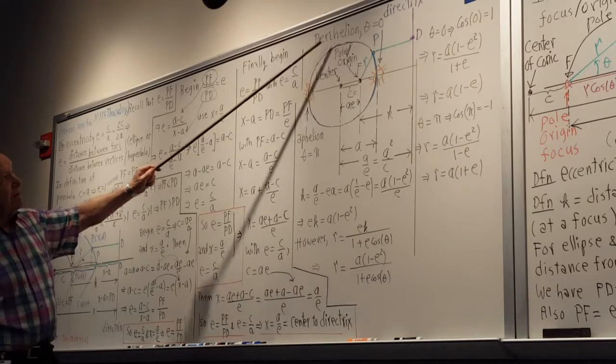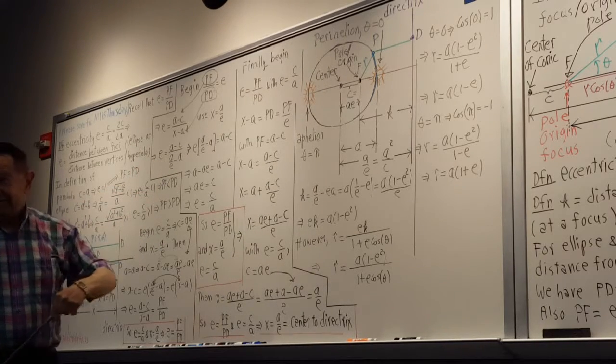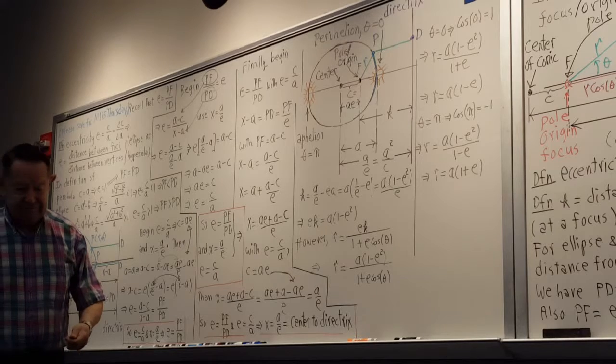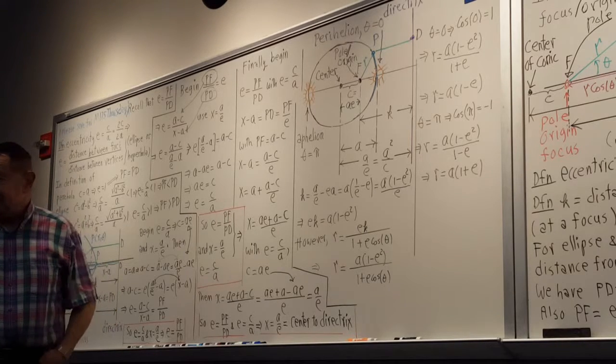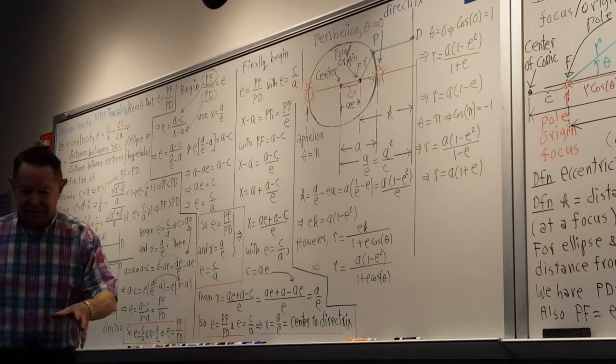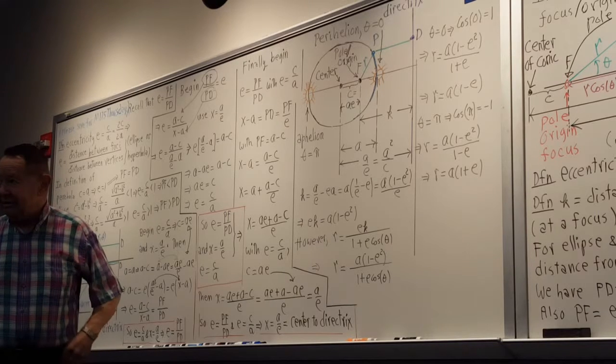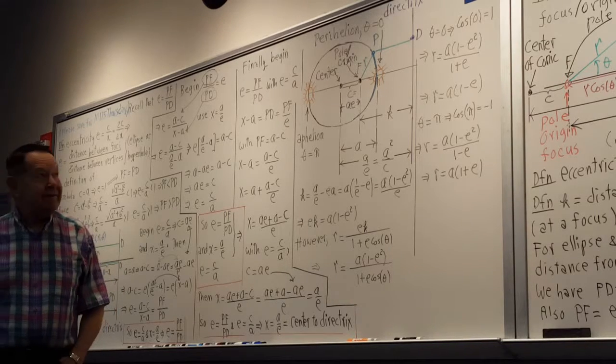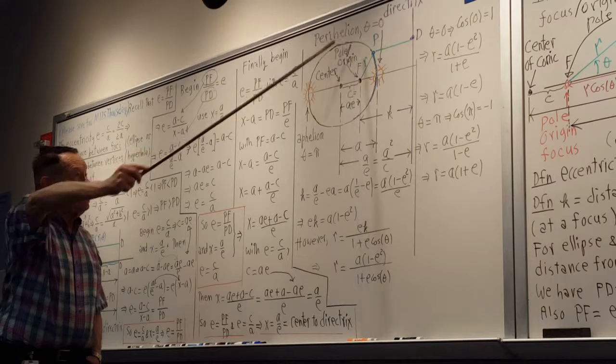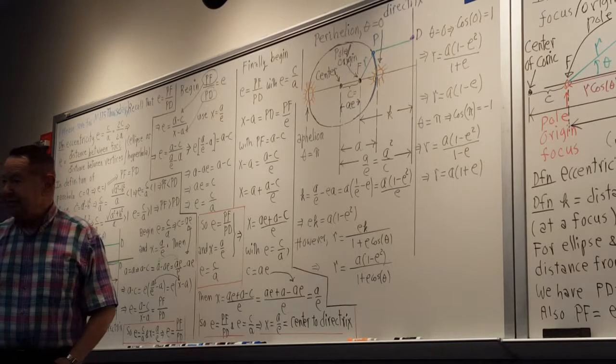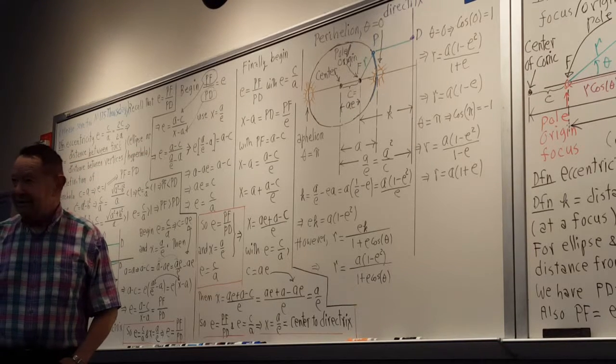perihelion. The peri is, I think, Greek, and means close to or in the neighborhood of, and helion is from the Greek for sun, helios.